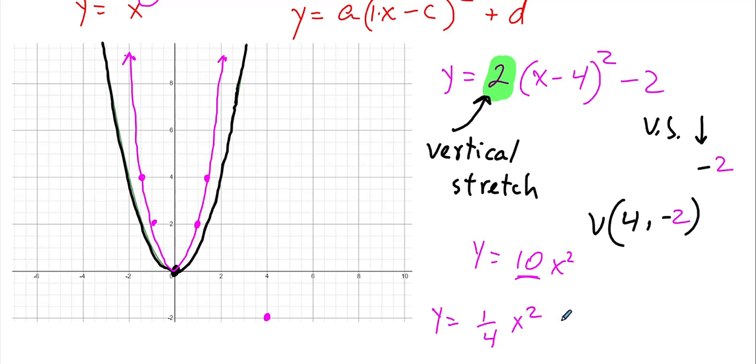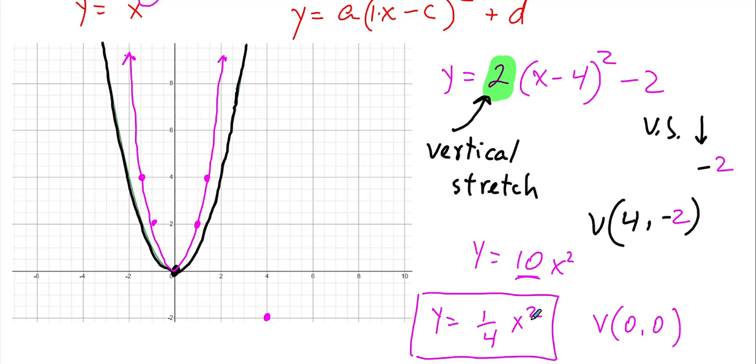Well, we'll just leave it at this. In other words, here, what's the translation from side to side? None. Right, so the vertex is still 0, 0, because I didn't do anything to the inside or outside. It's invisible plus 0 behind. So my vertex is still 0, 0.